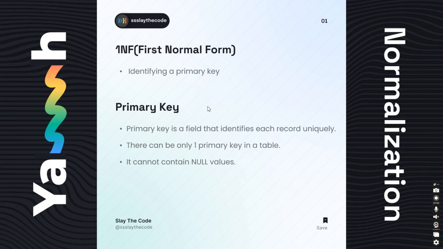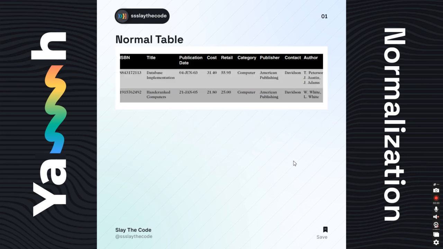Every table has just one primary key: one table, one primary key. And a primary key cannot be null. Now let's understand the first normal form with an example. Here is the book table.